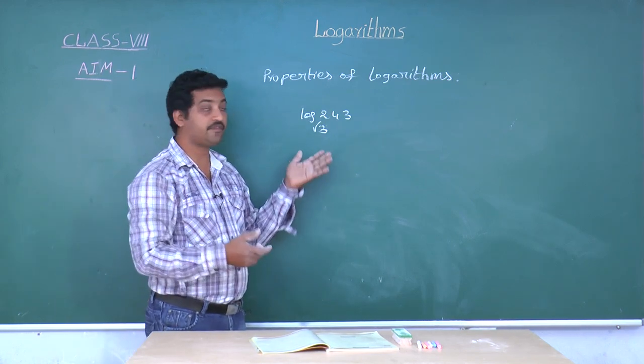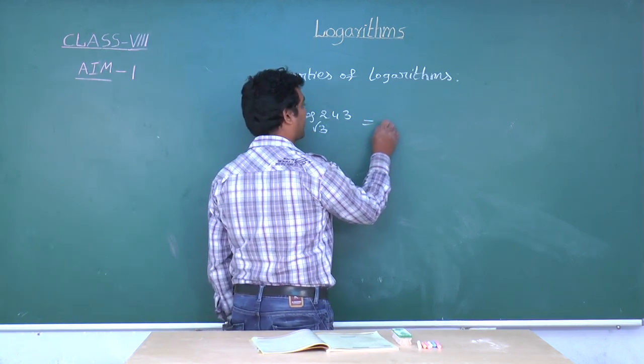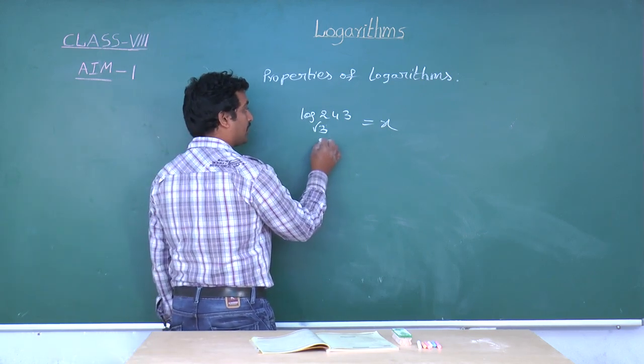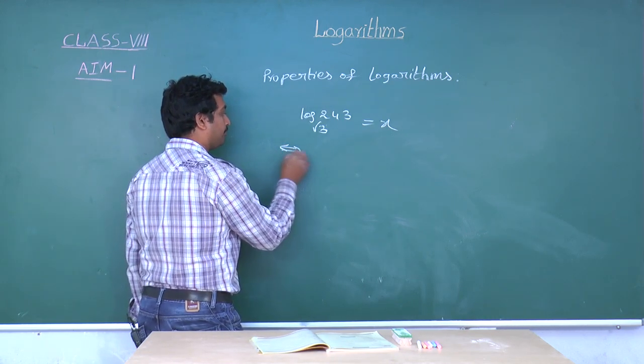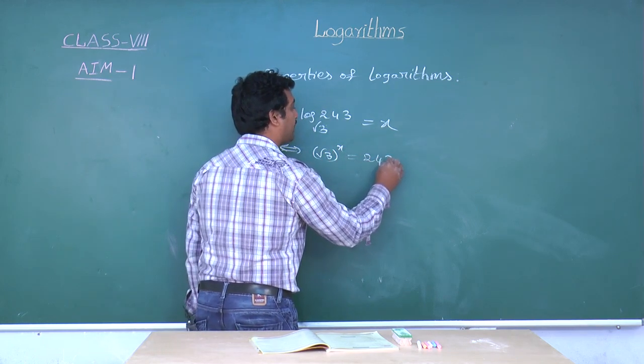Now, if it is defined, what is its value? We are going to see it. Let it be some x. Now, write it in exponential form. Root 3 whole power x is equal to 243.